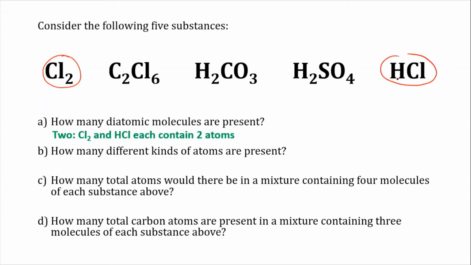It contains 1 atom of hydrogen and 1 atom of chlorine, equals 2 atoms total. So diatomic: di means 2 and atomic means number of atoms. So the molecules that contain 2 atoms are chlorine and HCl, which is either hydrogen chloride or hydrochloric acid.